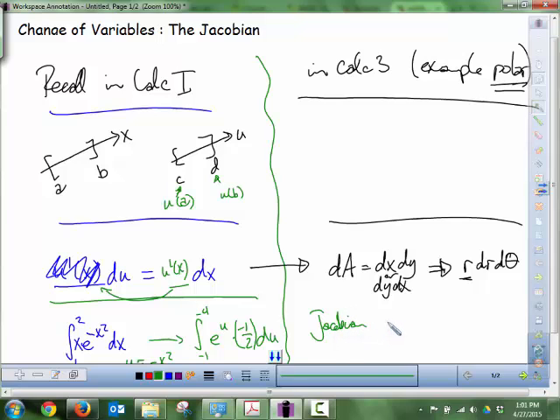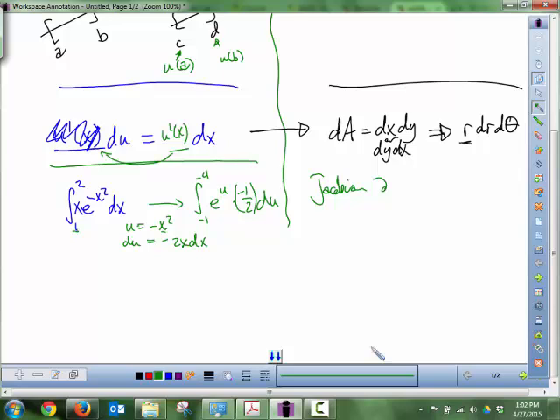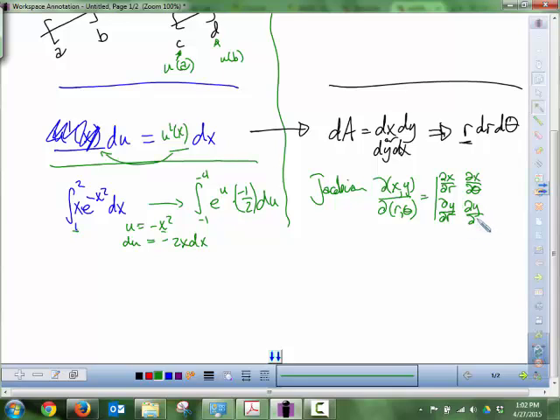Where we find our differential now is a little bit more complicated because we have two variables going into two variables. And so we said that this is going to be the partial of x with respect to r, partial of x with respect to theta, and the partial of y with respect to r, partial of y with respect to theta.